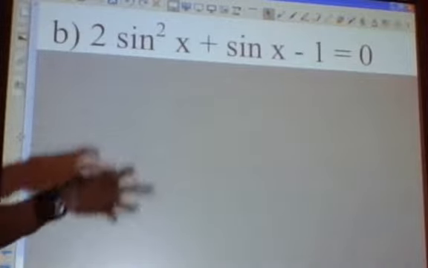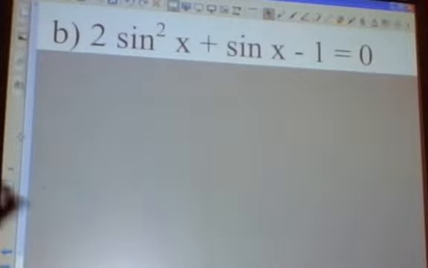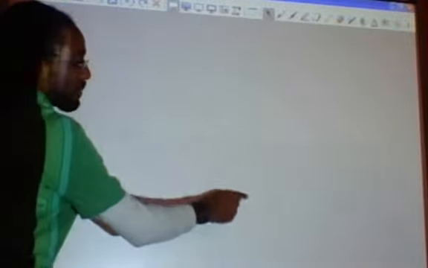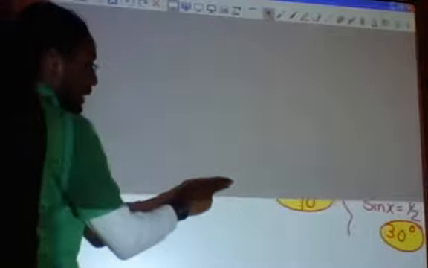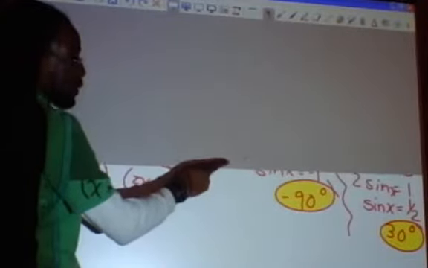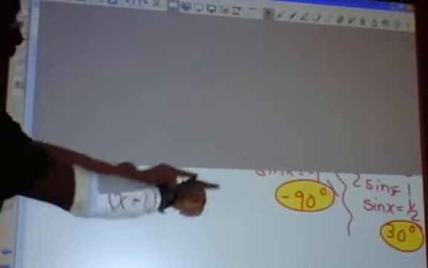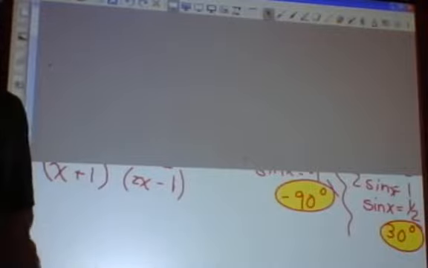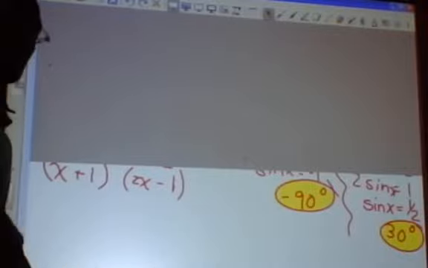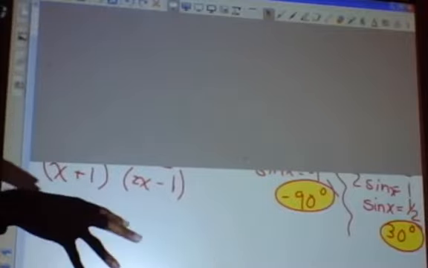So we're going to solve this out using the trig identities and everything to be able to figure out what the principal values are. And when you get to the end, your answers will be negative 90 degrees and positive 30 degrees. So those are your answers, and then work backwards or work through it to get those answers here.